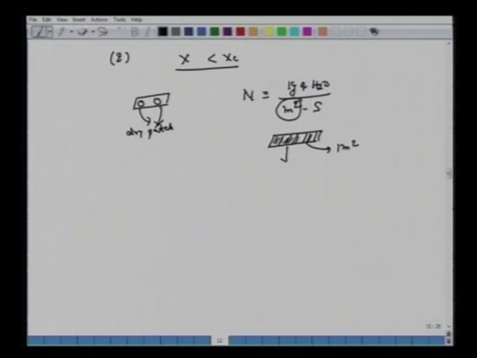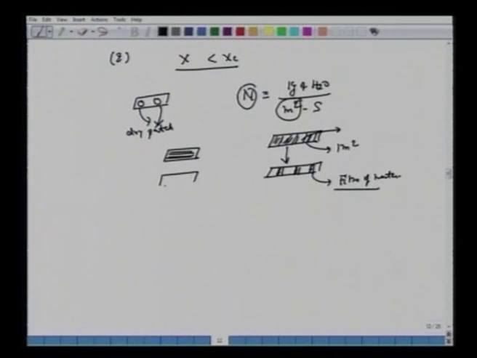After some time, when x has gone below xc, we have certain dry patches, but still we are reporting this rate per meter square of the total area. That means in those regions where there is a film of water, the specific rate will still be the same as what we have here. In other words, the intrinsic rate does not change whether the full surface is occupied by moisture or we have just one surface where a small amount of water is left.